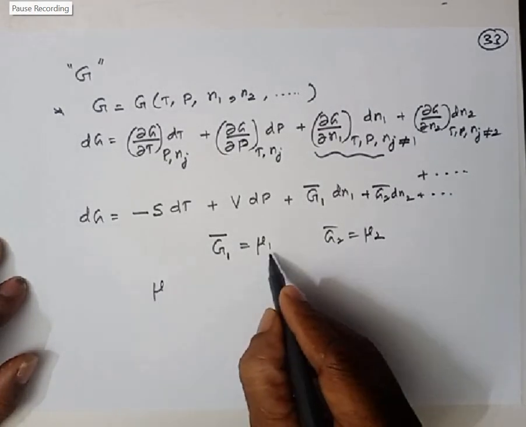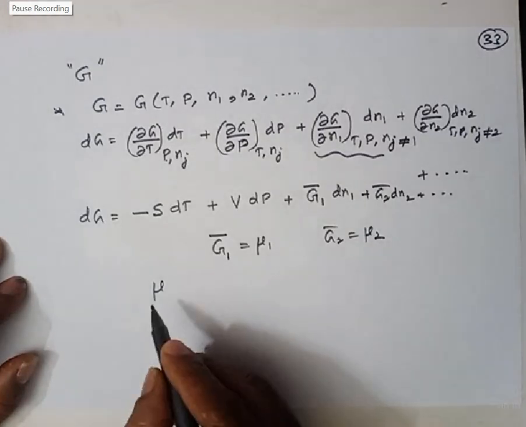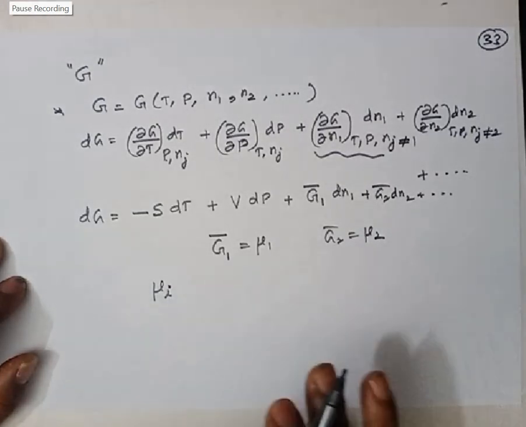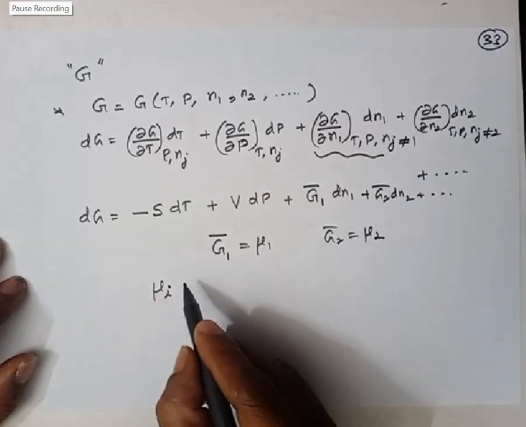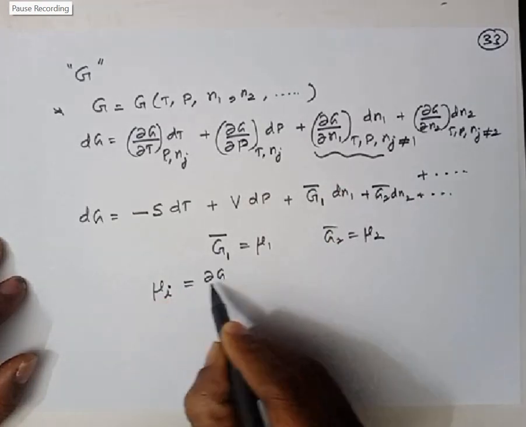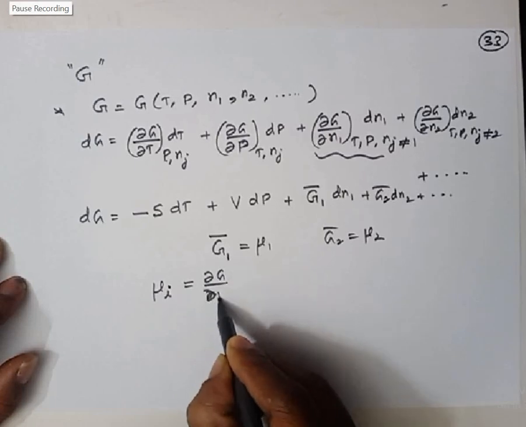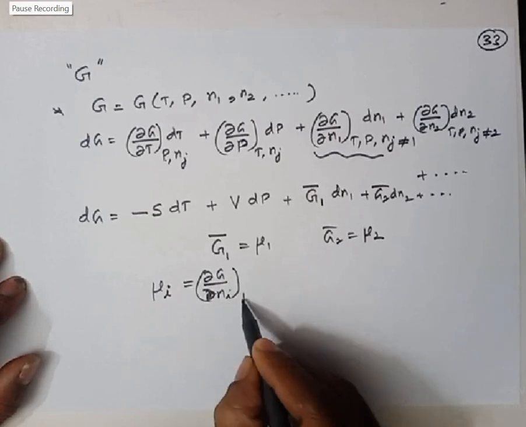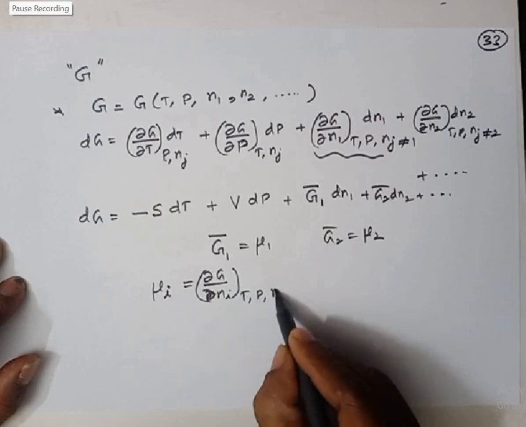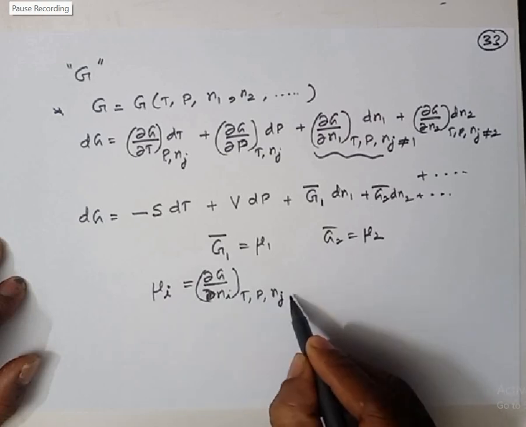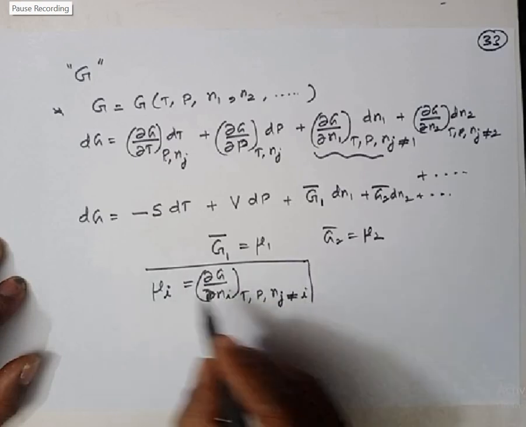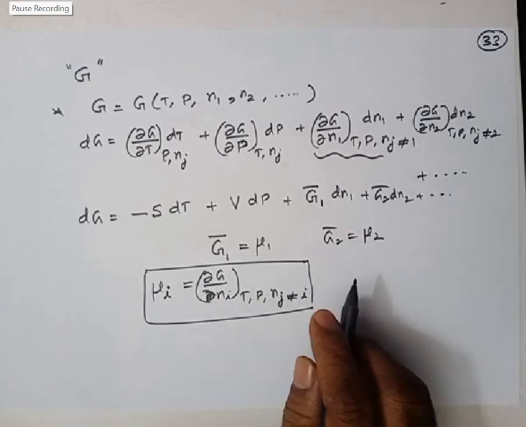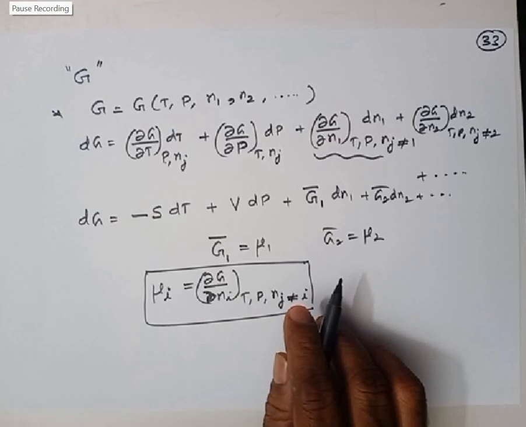Now, instead of writing mu1, mu2, mu3, etc., I'll write generally for the ith component: the chemical potential of the ith component is equal to dou G by dou Ni, keeping temperature constant, pressure constant, and the number of moles of all components constant except i. Is this clear?